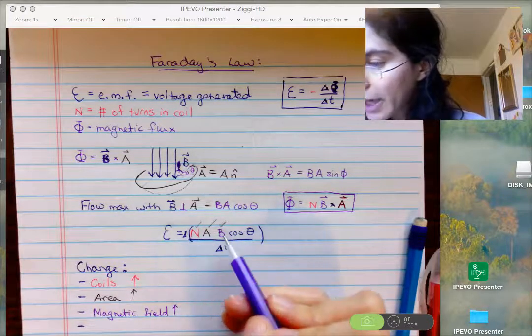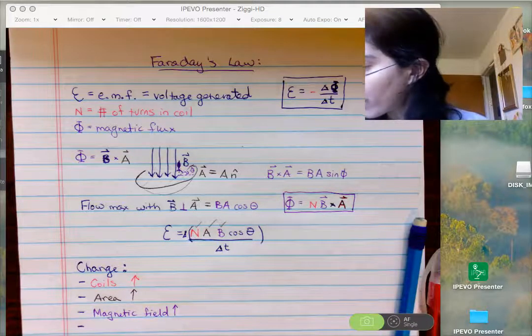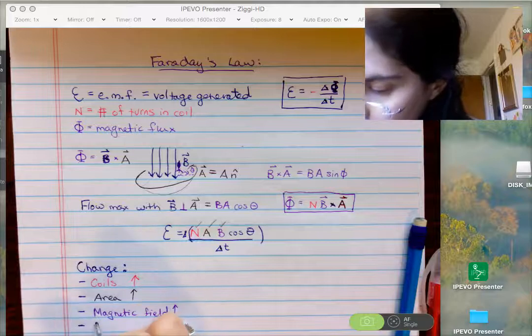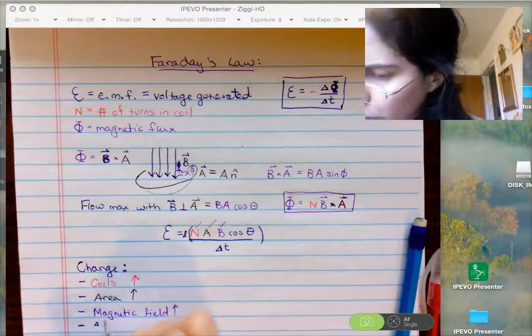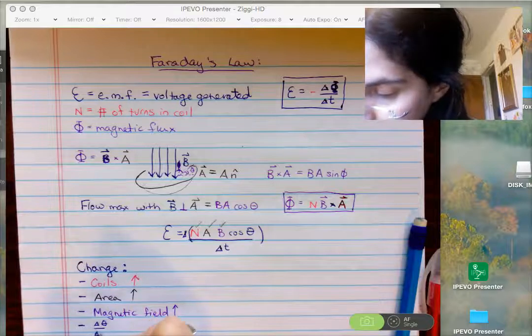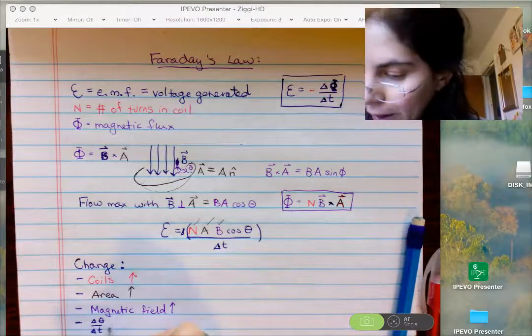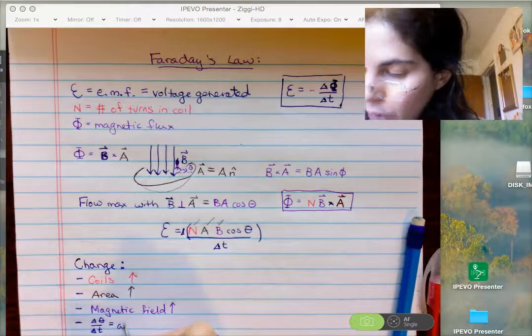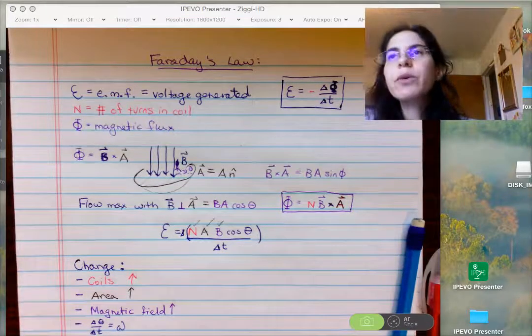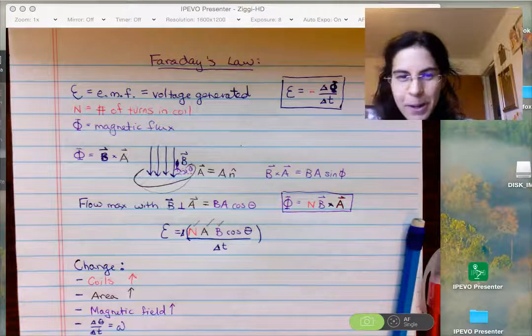Check, check, check. The only thing we have left is delta theta over delta t. And yeah, there's a cosine in there, but we're not quite sure what to do about that. We do, however, know that delta theta over delta t, change in angle over change in time, is what we once called omega, back when we were young and innocent and school was still in session.